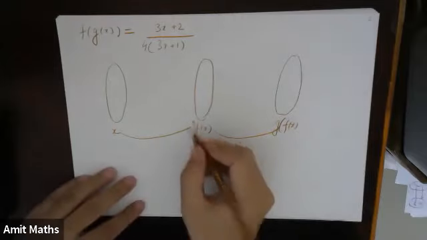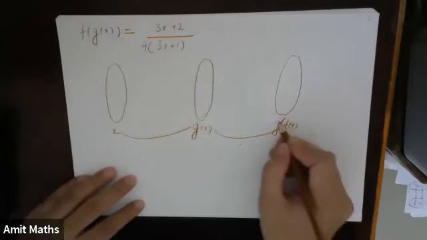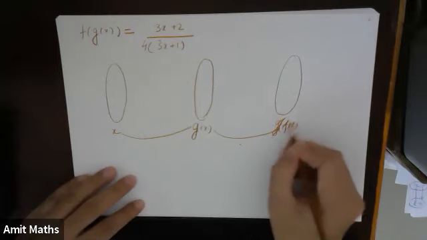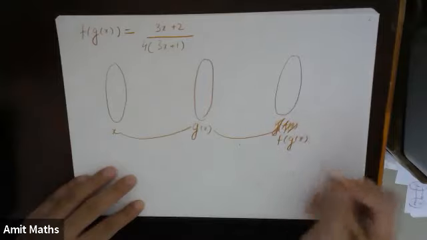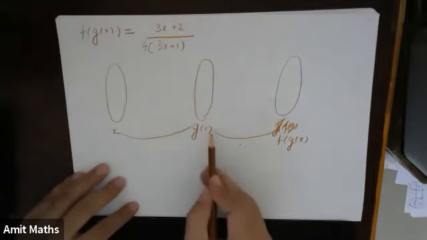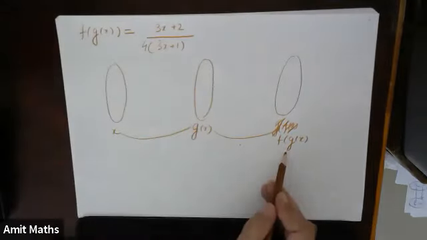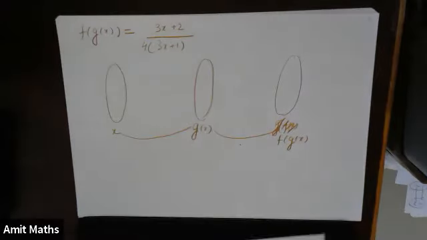Sorry, this is g of x, and this part is f of g of x. This is fine because we have to find f of g of x. So from x we are getting g of x, and from g of x we are getting f of g of x. This is okay. Fine. Very good.